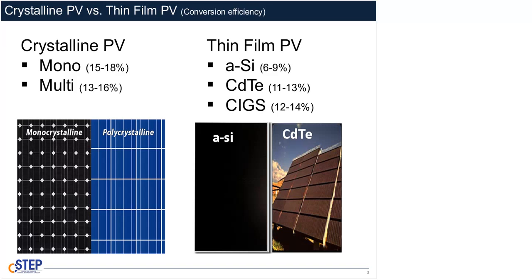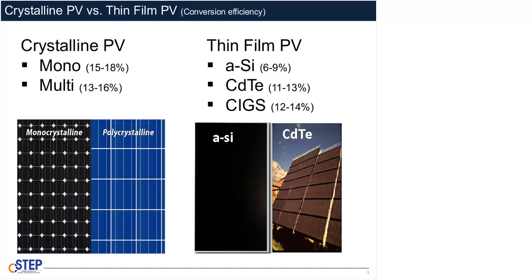The temperature coefficient means that with the increase in the temperature, the decline in generation will be far lower than the decline in generation in case of crystalline PV. So the temperature coefficient of thin films is plus minus 0.25 degrees centigrade, while in case of crystalline PV, it is more than 1 degree centigrade.